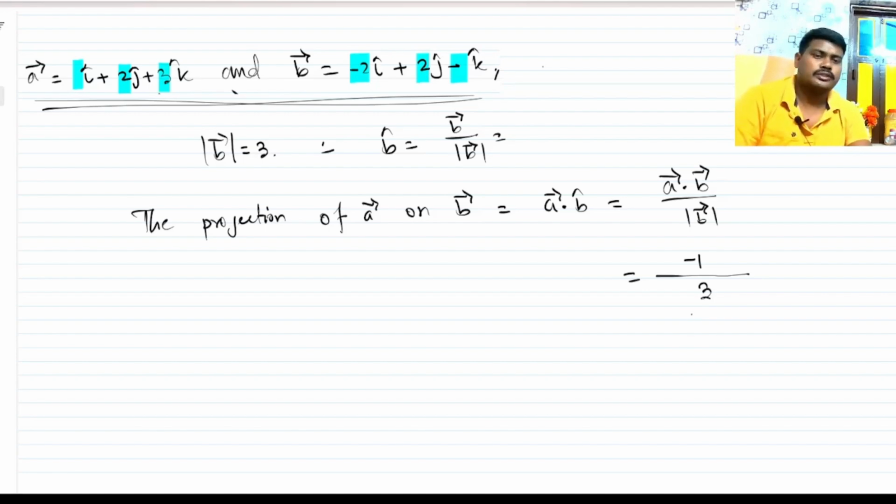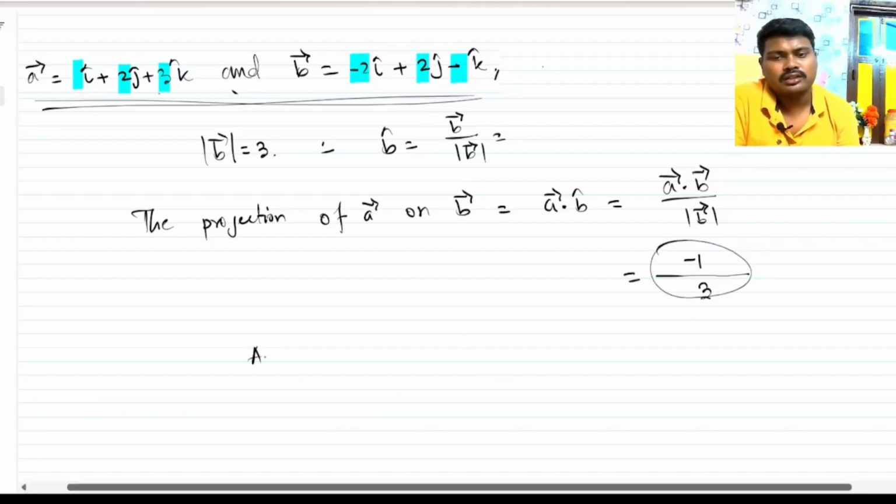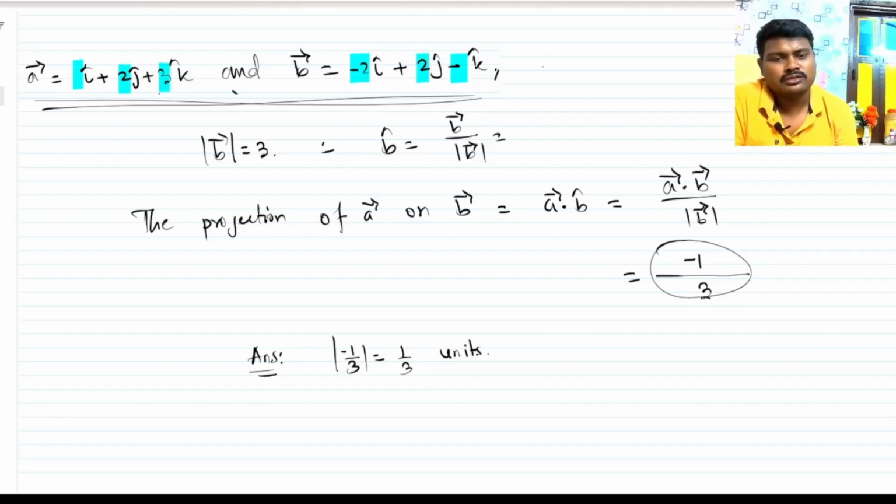So the projection is minus 1 by 3. Since projection is a type of length, we consider the positive value only, that is the absolute value of this. So the projection is only 1 by 3 units.